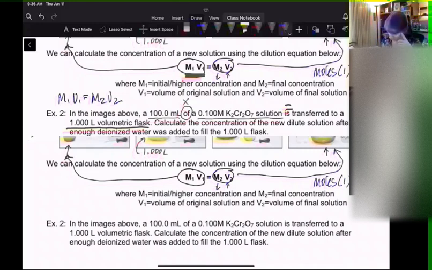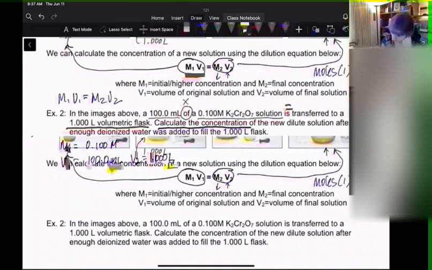Okay, so calculate the concentration. So that is M2. M1 equals 0.1, V1 equals 100, V2 equals 1.00 liters, right? So make sure you keep track of that unit. And then M2 is what we're looking for.